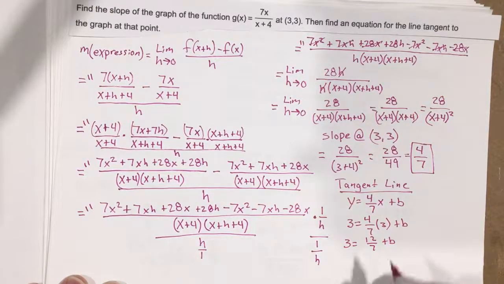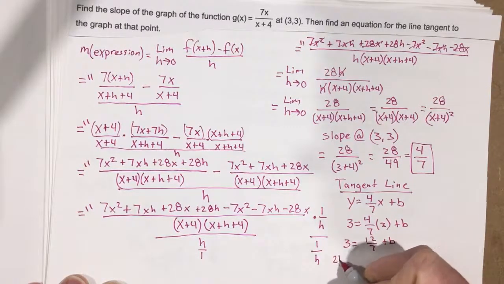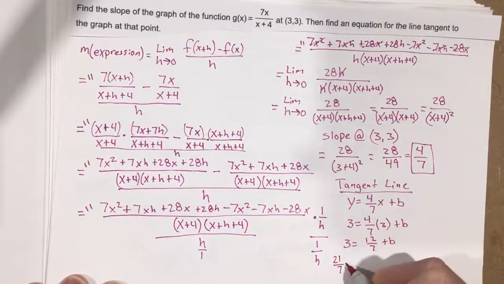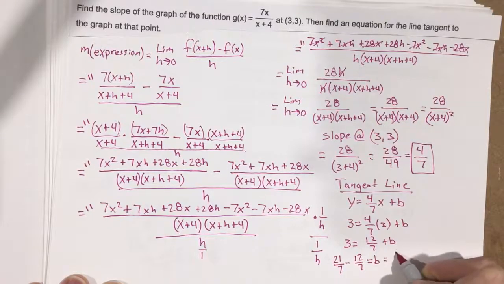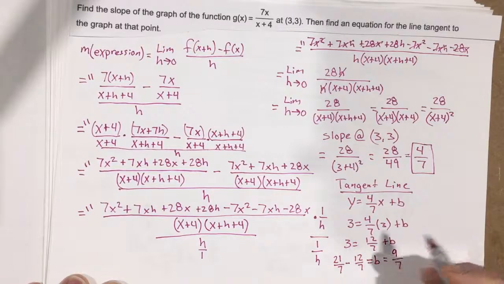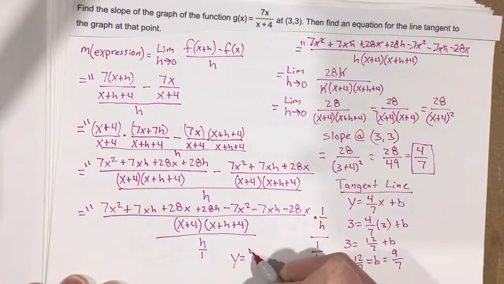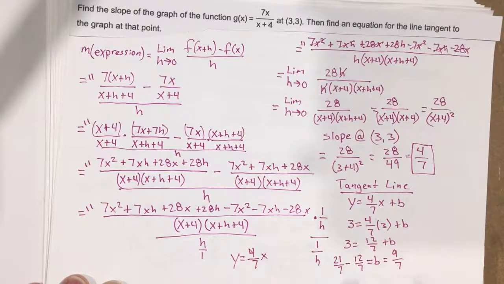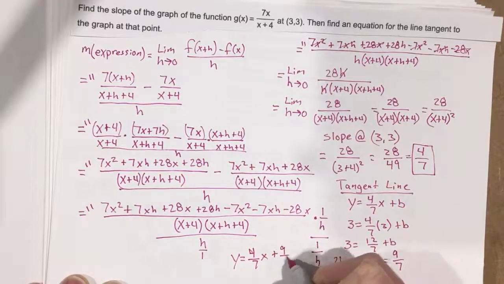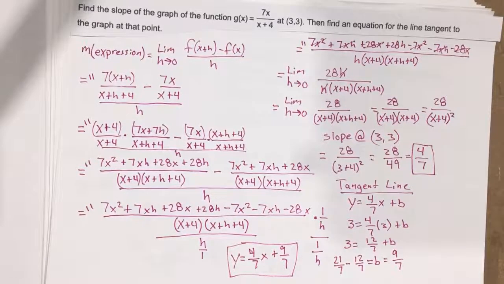I'm going to subtract the 12 over 7 over, and this will be 21 over 7 when I find a common denominator, minus 12 over 7 equals b, which is 9 over 7. So my tangent line is going to be y equals 4/7 x plus 9 over 7. And that's the tangent line to this curve at this point.